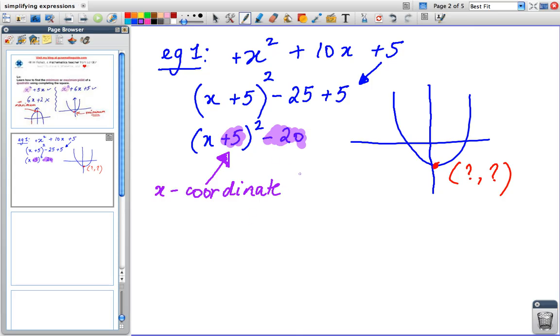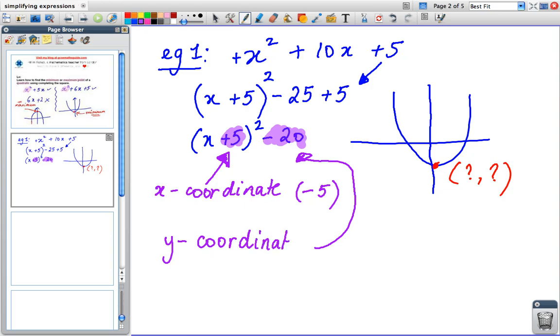If it's a positive number, then you have to pick it as being negative, and if it was negative, then it would be positive. In this case I've got plus 5, so my x coordinate is going to be minus 5. And that number here, you should have guessed it now, is the y coordinate.